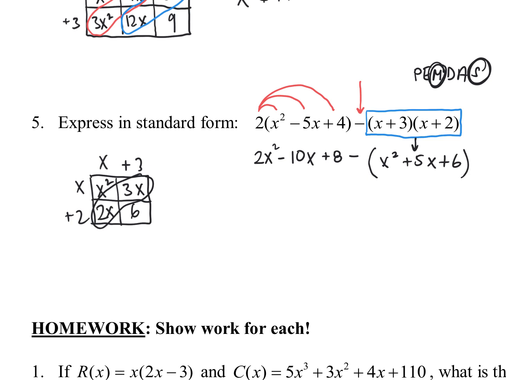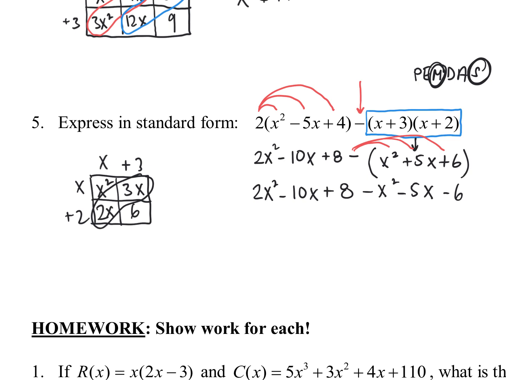But I have to make sure that I keep that negative there, because now that subtraction sign is going to change everything after it. So there's a lot going on here. So let's bring down our 2x squared, and let's bring down our minus x squared minus 5x minus 6.